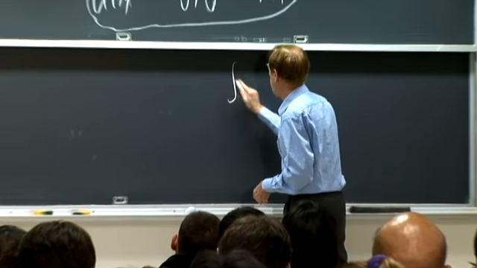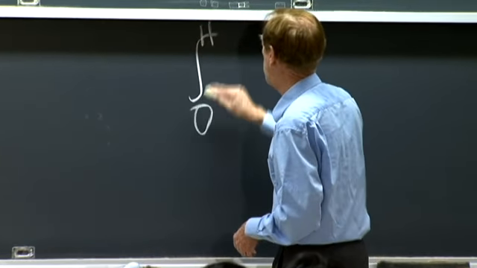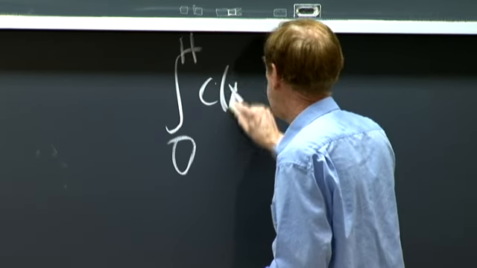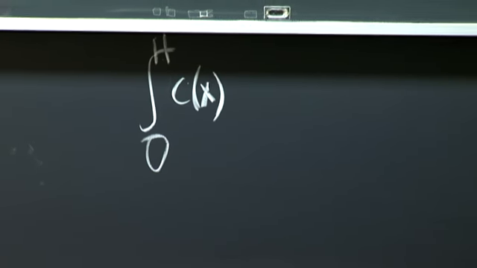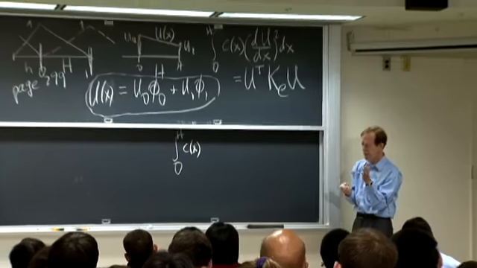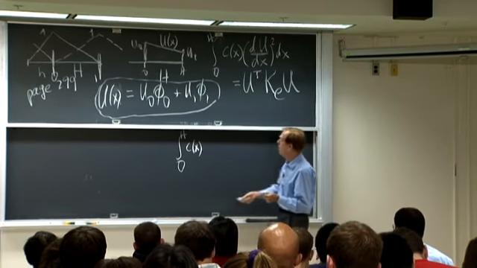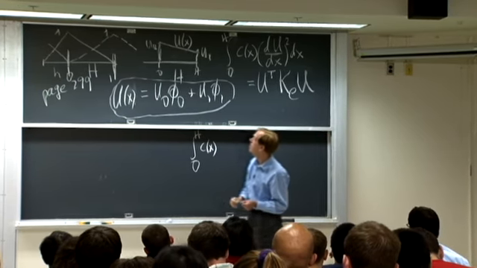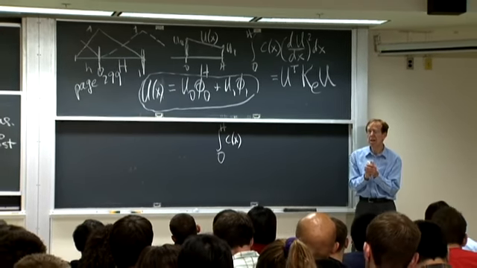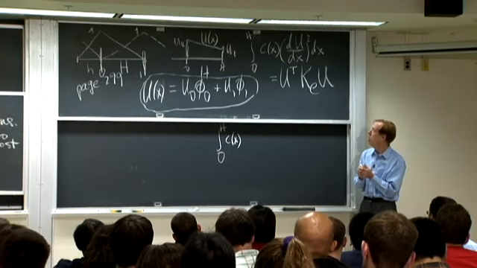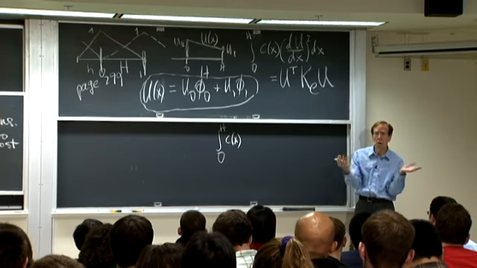So it's an integral from 0 to h of whatever my c of x might be. And I'll make a comment on that. But my focus here is what's du dx? What's the derivative? And then I'm going to square it for this function, for that picture. The slope is obviously u1 minus u0 over h, right?